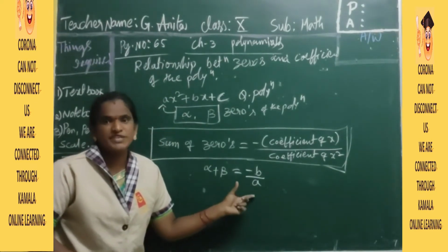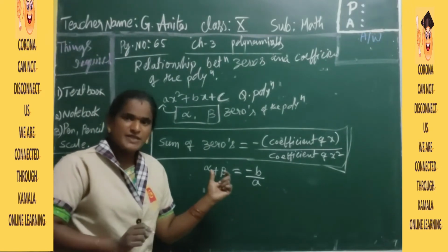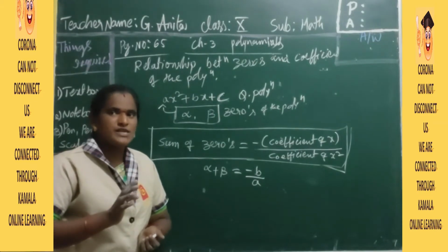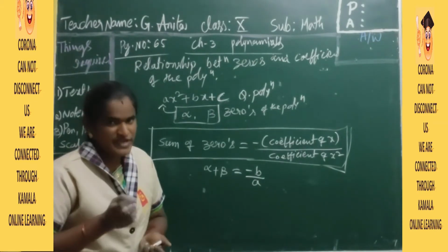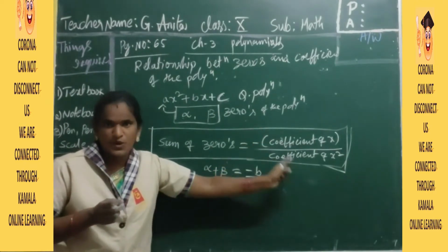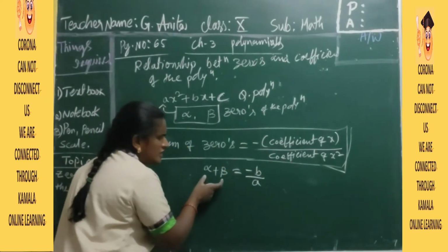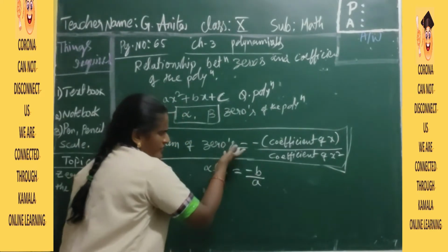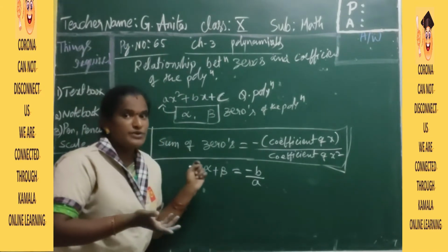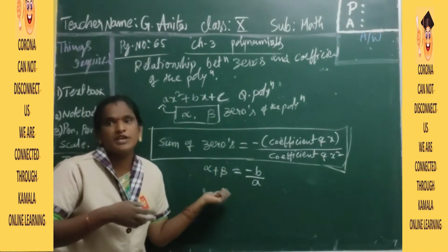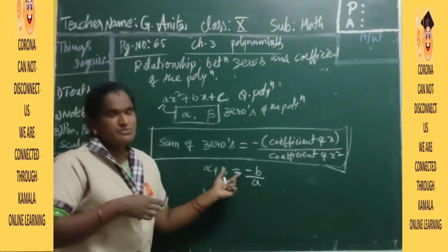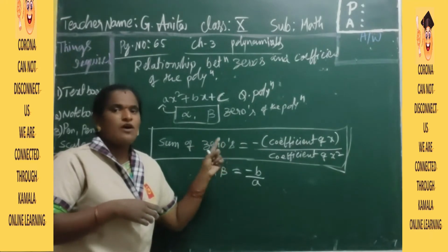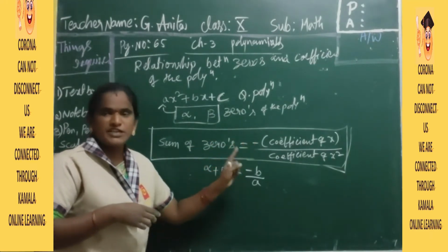You have to remember the formula: sum of zeros is equal to minus of coefficient of x by coefficient of x square, and sum of zeros is nothing but alpha plus beta is equal to minus b by a. You can follow whichever you are comfortable with. So alpha plus beta is equal to minus b by a, or else sum of zeros is equal to minus of coefficient of x by coefficient of x square.